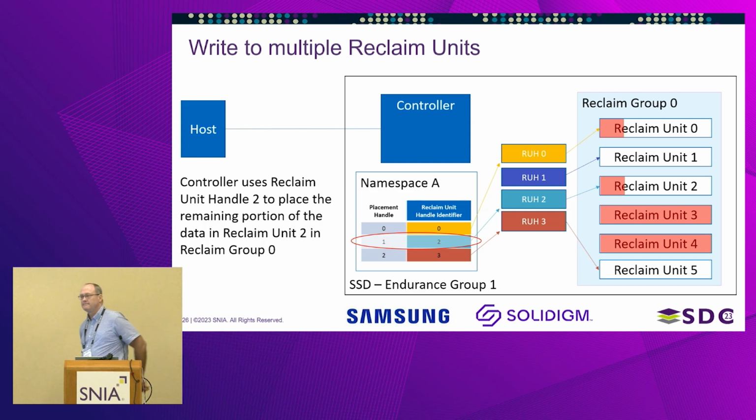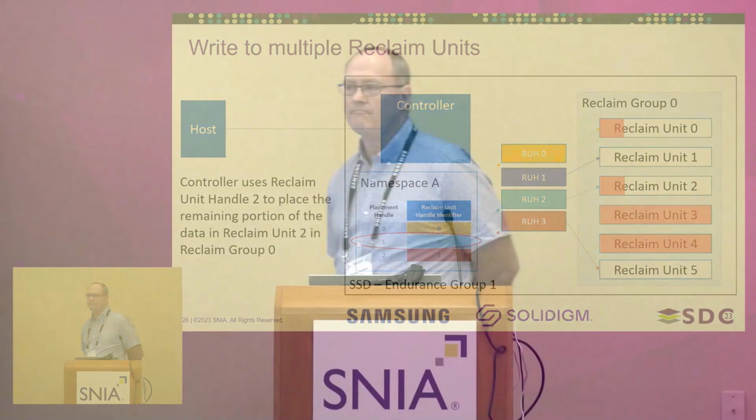Yes? At the end, did this maintain the name placement identifier, or was that changed? The placement identifier is the reclaim unit handle plus the reclaim unit. The placement handle was just used in the interface from the host to the controller to say, at creation time, I asked for 3 RUHs that could be spread out in numbering, and I want to have a nice indexing capability to them.